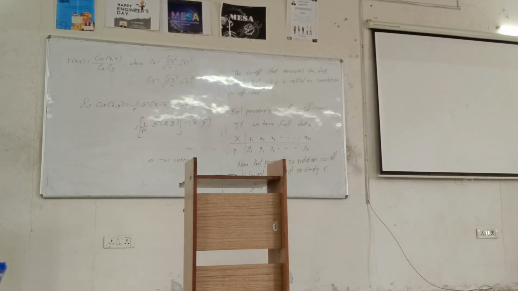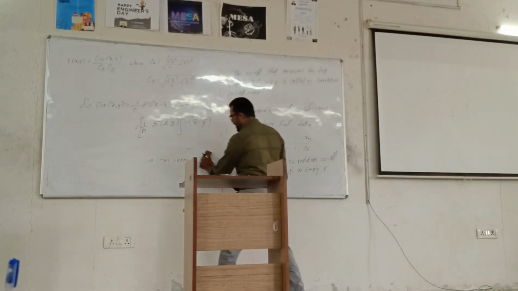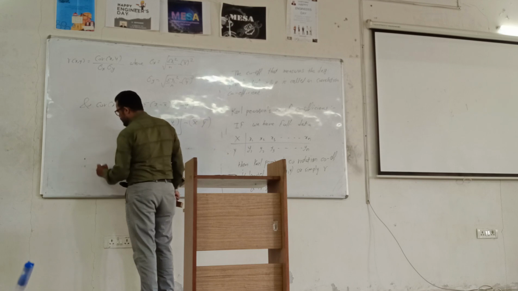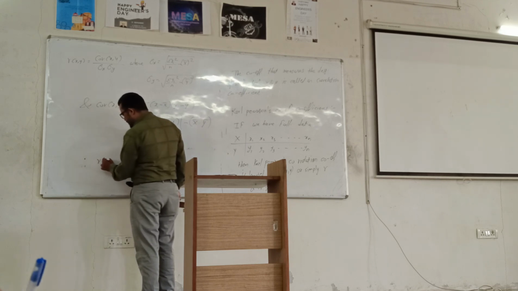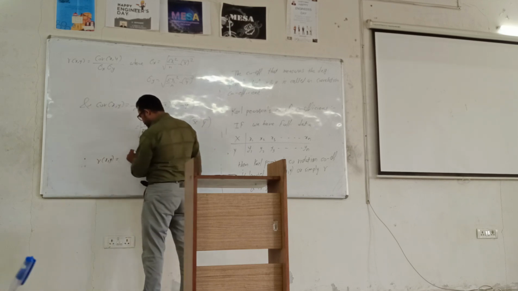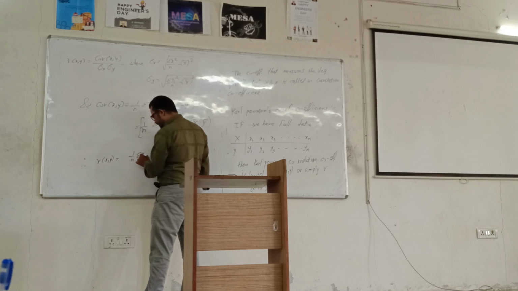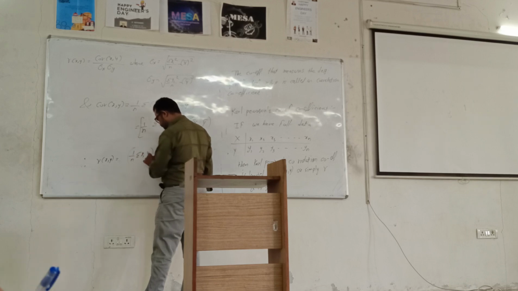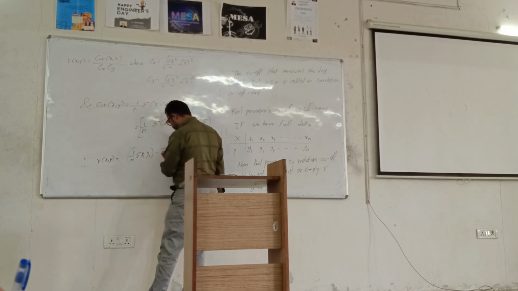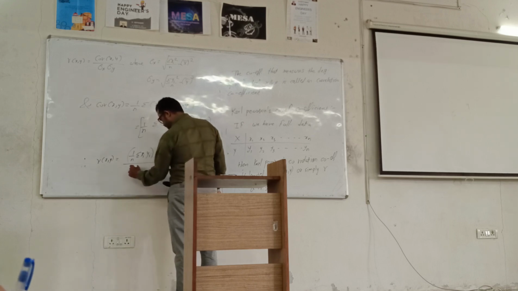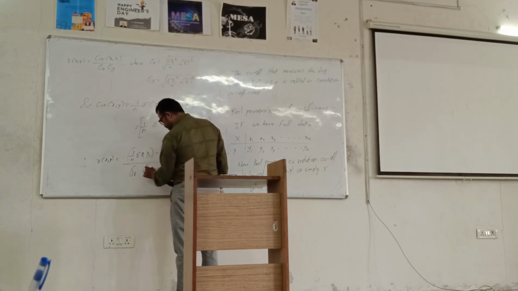We had seen how to simplify it earlier also. The summation of a constant comes outside. Therefore, I can write R of x comma y is equal to 1 by n summation xi yi minus x bar into y bar divided by sigma x sigma y.